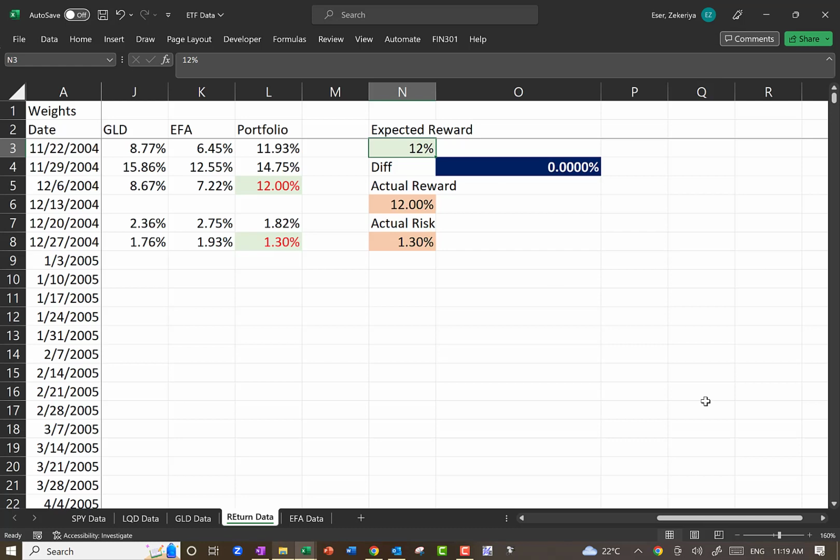You guys kind of got a preview about how to use Solver to solve this problem.